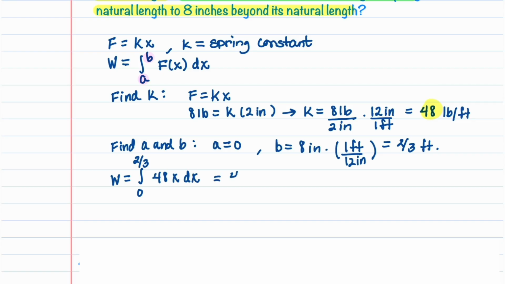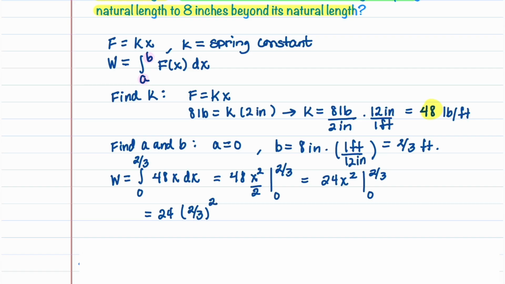This is equal to 48 x squared divided by 2, evaluated from 0 to 2/3. This is 24x squared, again evaluated from 0 to 2/3. If we substitute in that x is 2/3, we get 24 times 2/3 squared, and then we're going to subtract off 0 for our lower limit.